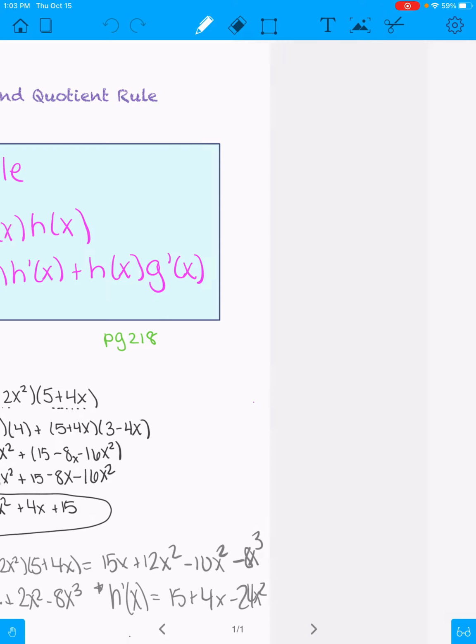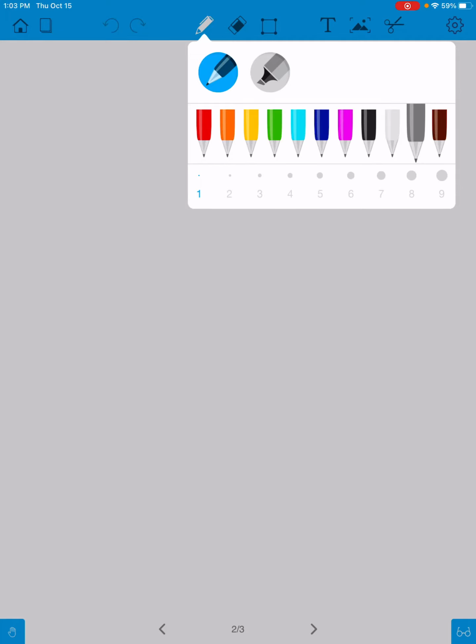So another example: let's do y equals 3x squared times sine of x.